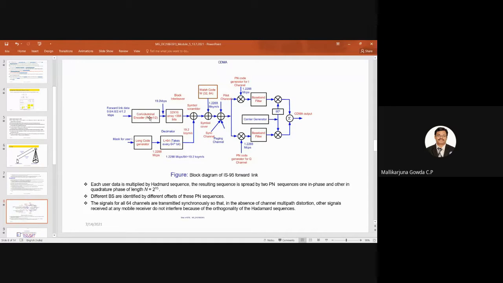Then what is the coding rate with constraint length, what is this PN sequence used here, how we do the scrambling, and how it is transmitted over a particular channel. Then splitting into in-phase and quadrature, and the length of the PN sequence we use at each of the channels. I think you will be able to understand this block diagram by yourself.